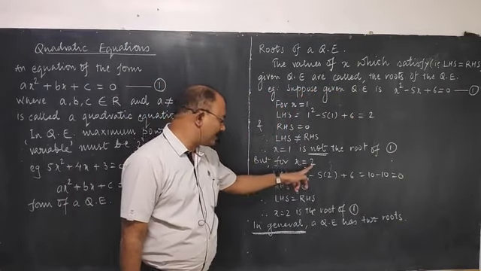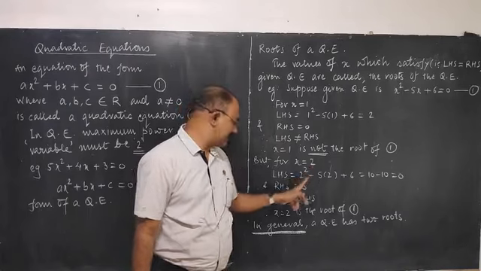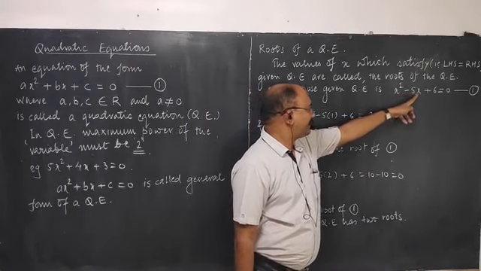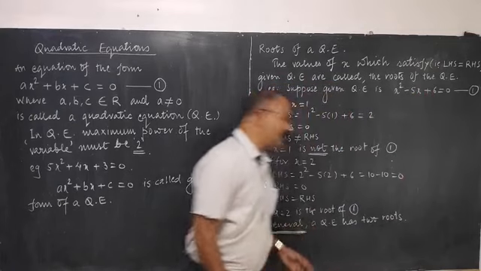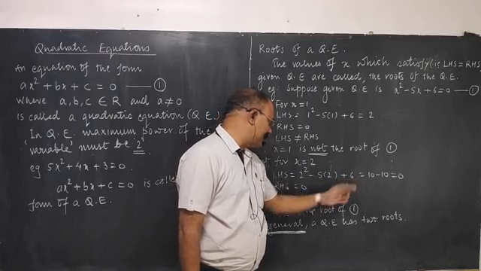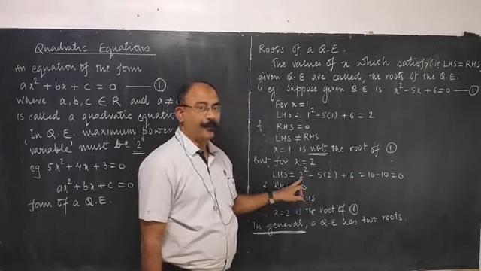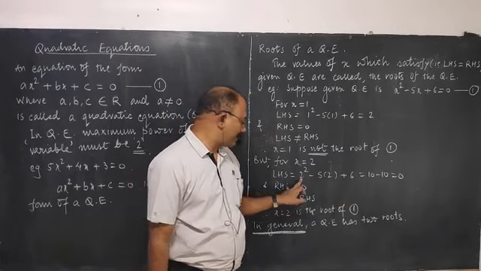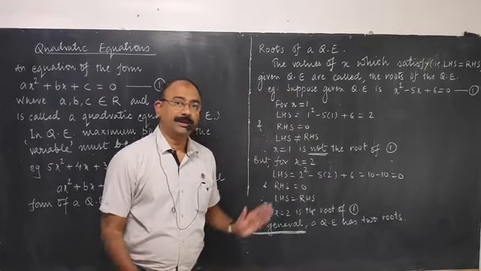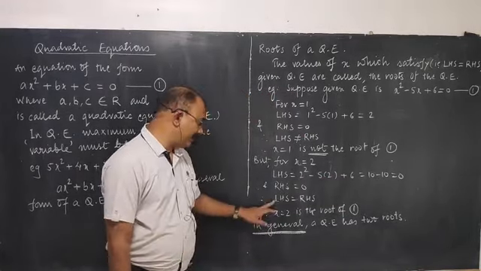Now let us put another value. For x is equal to 2, let us find out LHS. LHS is equal to 2 square minus 5 into 2 plus 6. Only LHS I am calculating. 2 square is 4, 4 plus 6, 10, minus 10. 10 minus 10 equal to 0. So the LHS comes out to be 0.